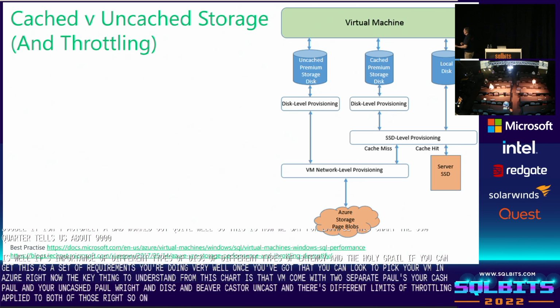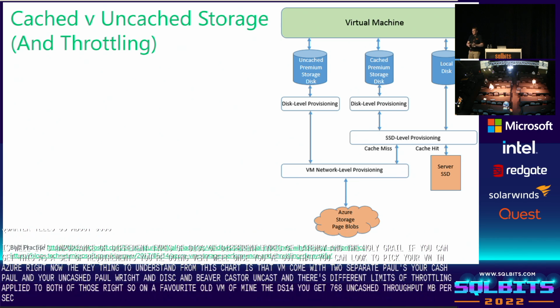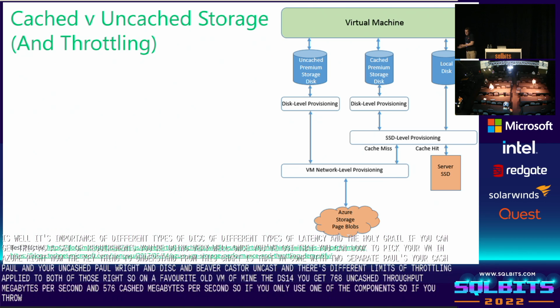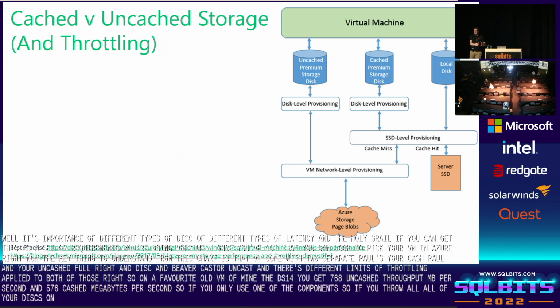So on a favorite old VM of mine, the DS14, you could get 768 uncached throughput, megabytes per second, and 576 cached megabytes per second. So if you only use one of the components, so if you put all of your disks on cached, you're only going to get a fraction of the throttling capability of the VM, right?